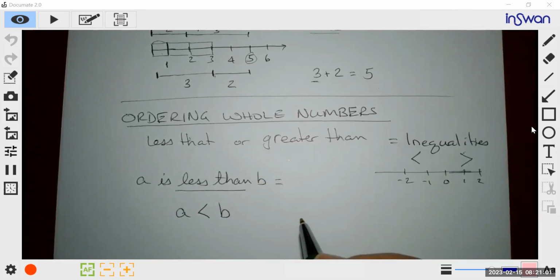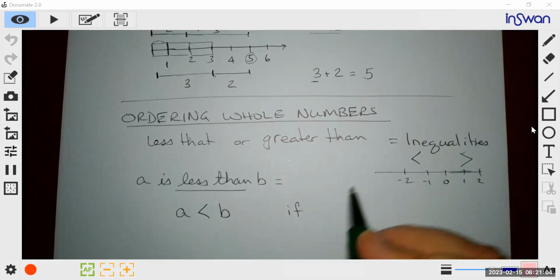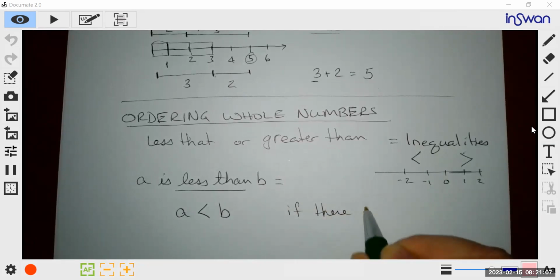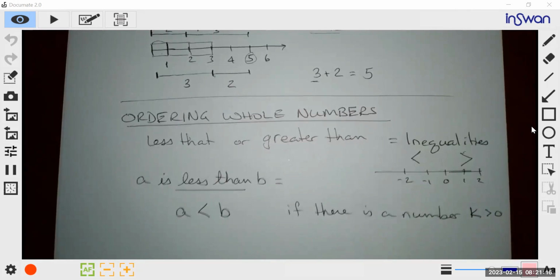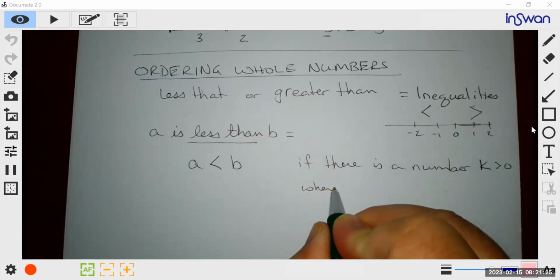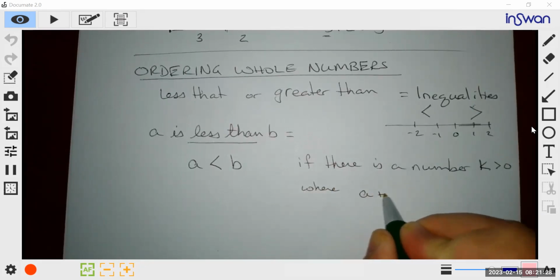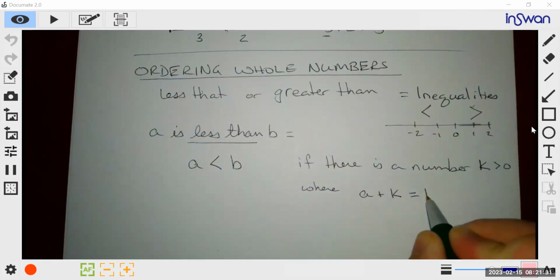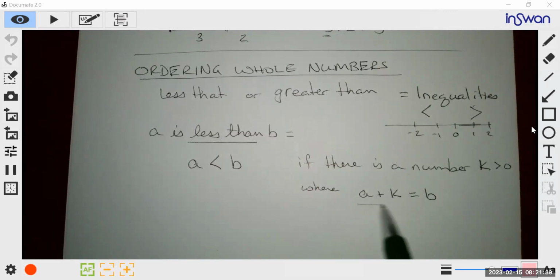A is less than B if there is a number K, which is greater than 0, it's positive, where A plus K is equal to B. So now, what does this mean? Why does this prove that A is less than B?